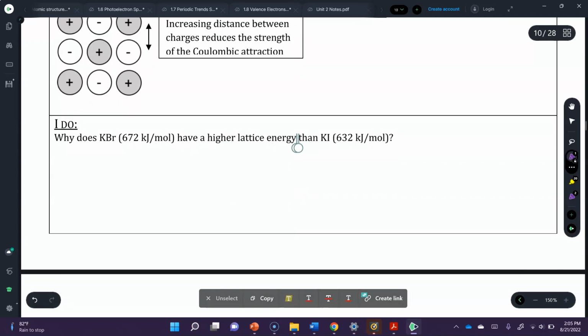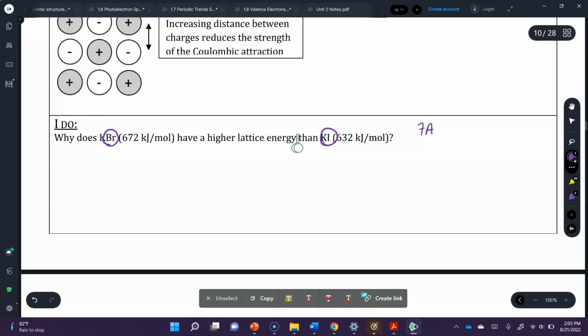So why does KBr have a higher lattice energy than KI? Well, what's the big difference between these two? Ask yourself that. Well, we see that we have the difference of iodine and bromine. Well, what's the same?